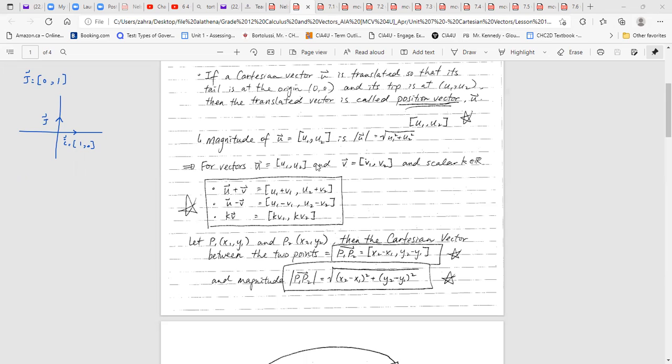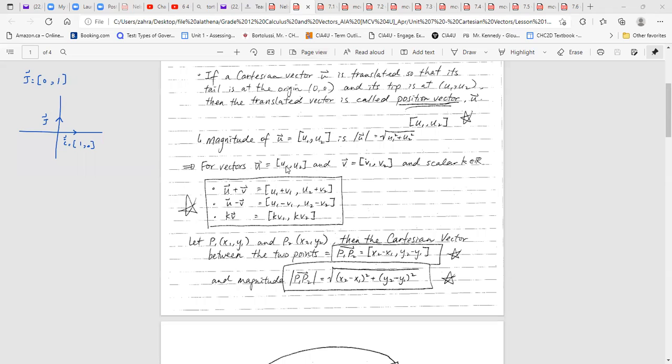Also, when you want to add or subtract two vectors, you write them in their x and y components. For the addition of the two vectors, you add the x components, u1 and v1 here, and then you add the y components. This gives you the addition of these two vectors.